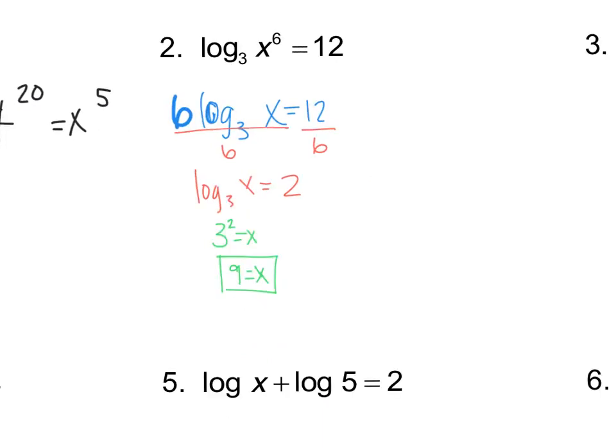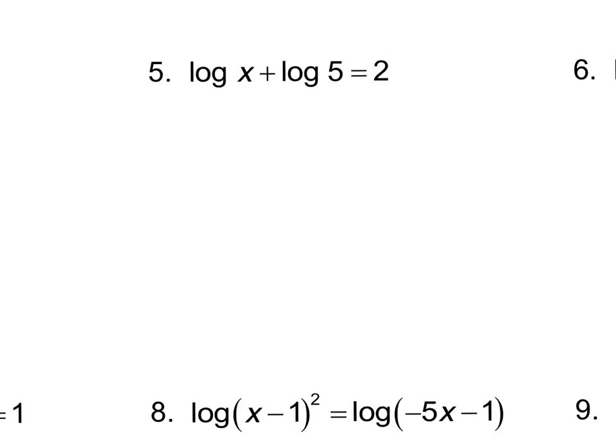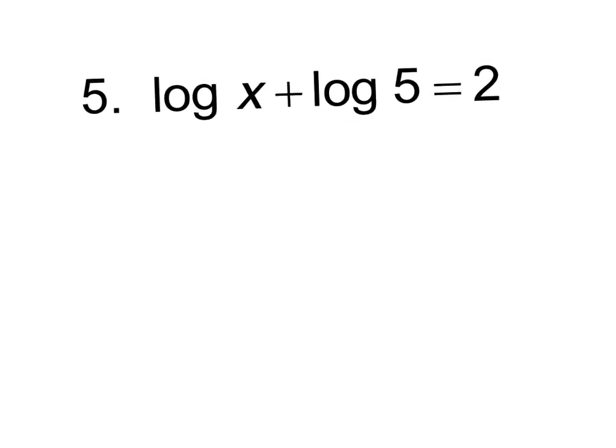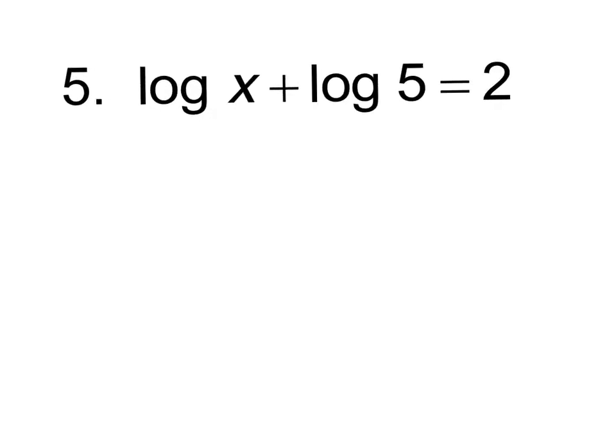Okay, let's look at problem 5. What's different about 5? There's no bases. So what's the base if we don't have a base? Okay, so we can add that in there if we need to. Okay, what else is different about problem 5?